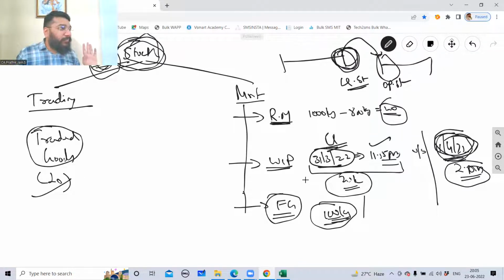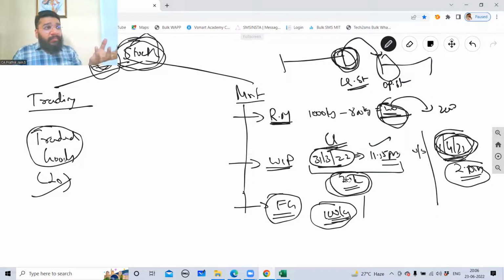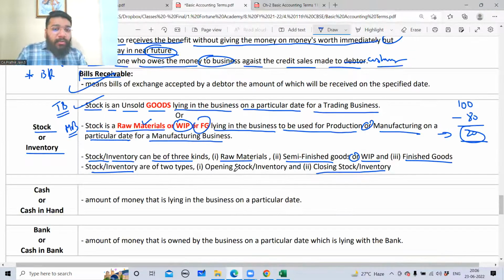So this 200 raw materials closing becomes the opening 200 for next year. This 20 kgs of batter, which is closing for the current year, becomes the opening for the next year. So whatever is lying with the business at the end of the year, that is closing. When you carry it forward to the next day of the next year, that becomes your opening. So we call it opening inventory.